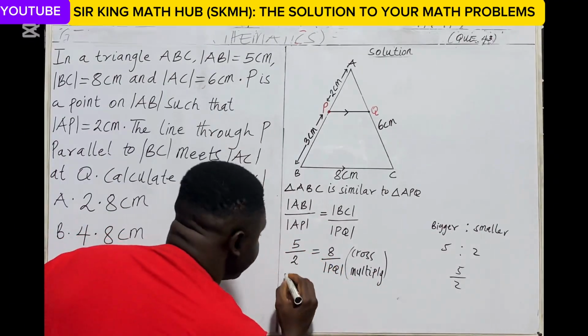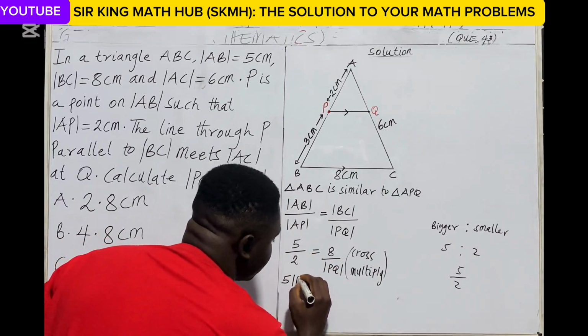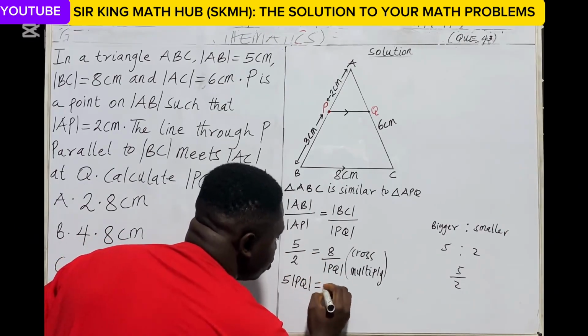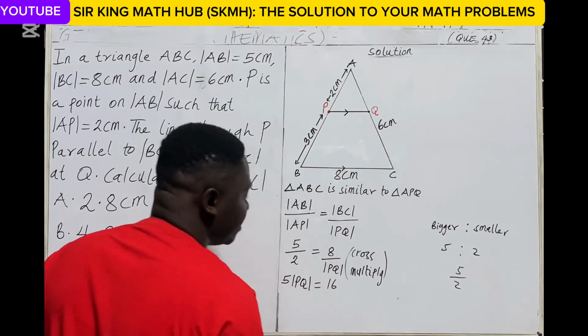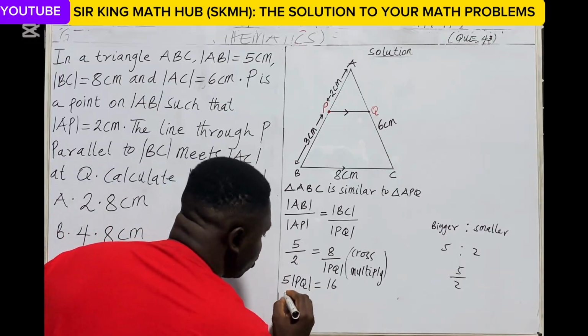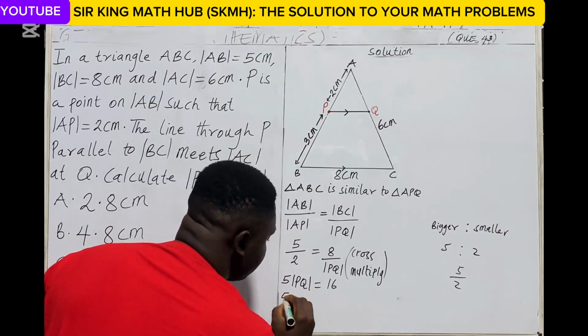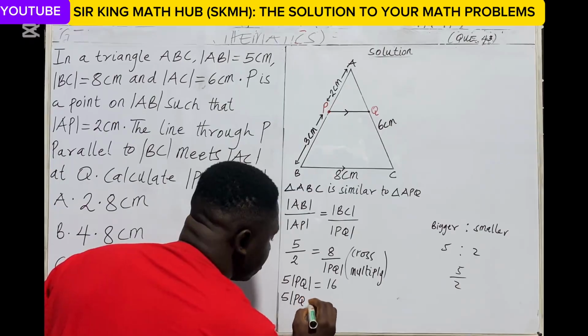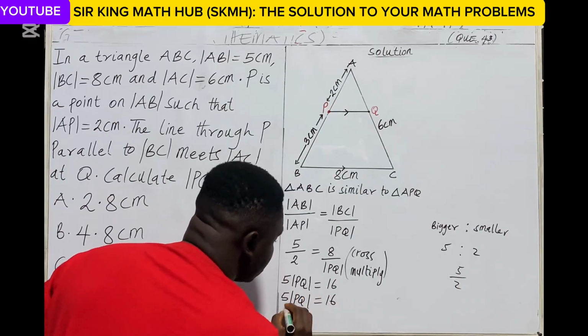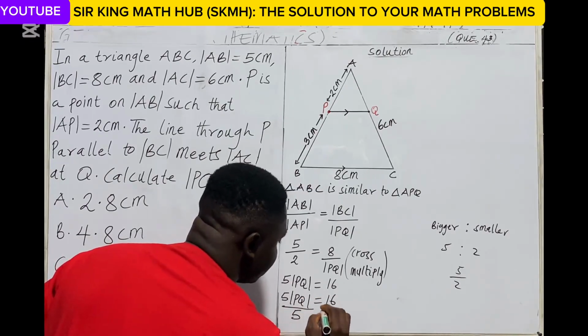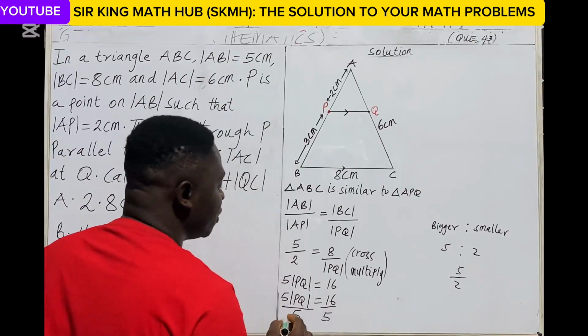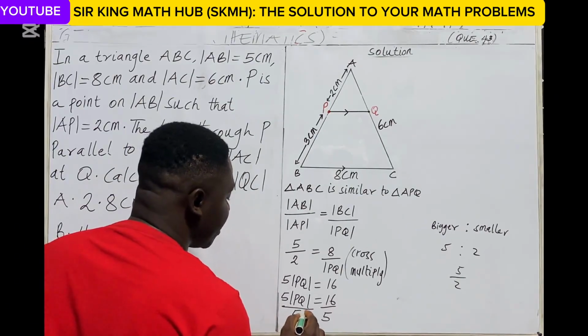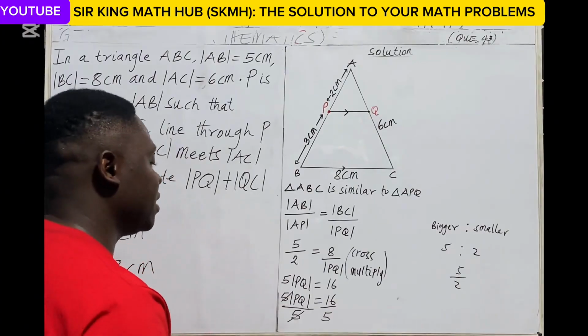So 5 times PQ, we have 5 PQ. And then 2 times 8, that is 16. So let me repeat this. Because we are looking for PQ, we can divide both sides by the coefficient of PQ, which is 5. So the 5 will cancel out.